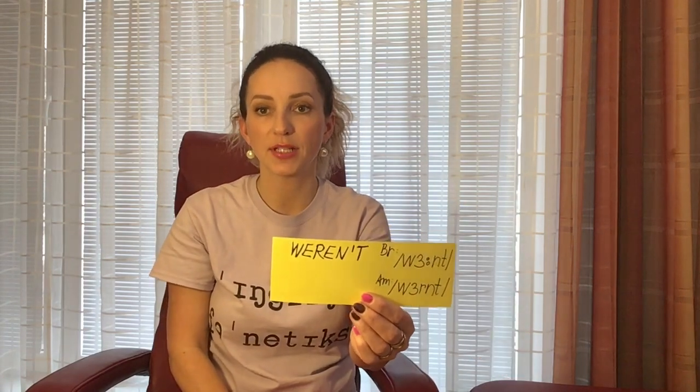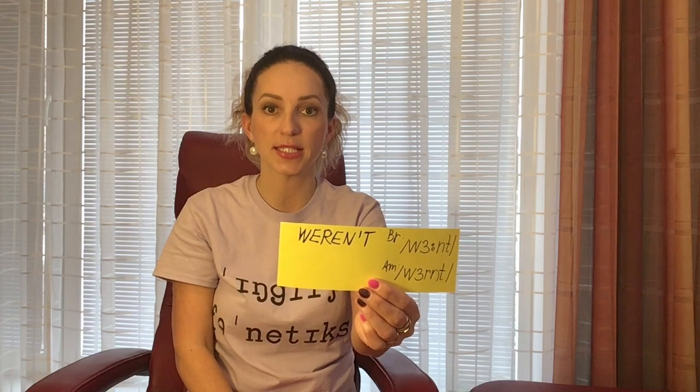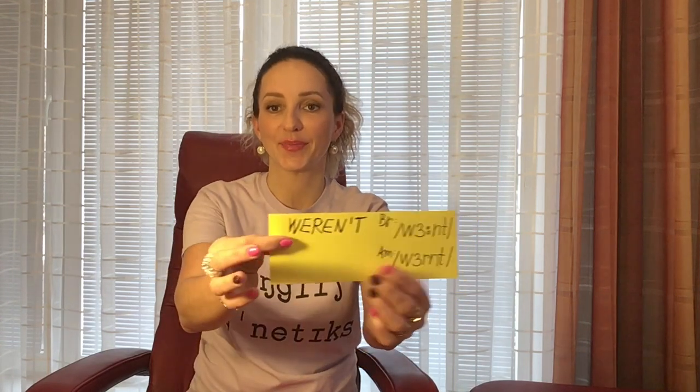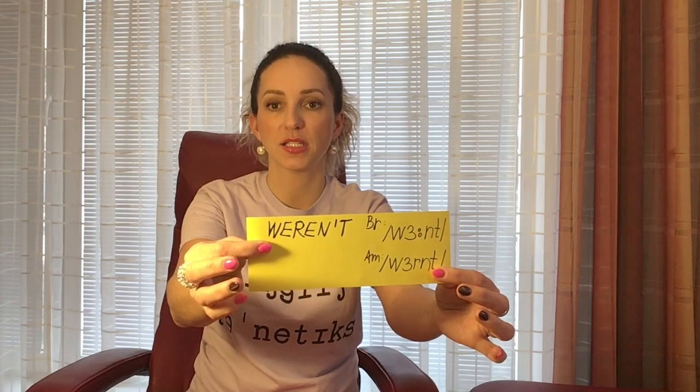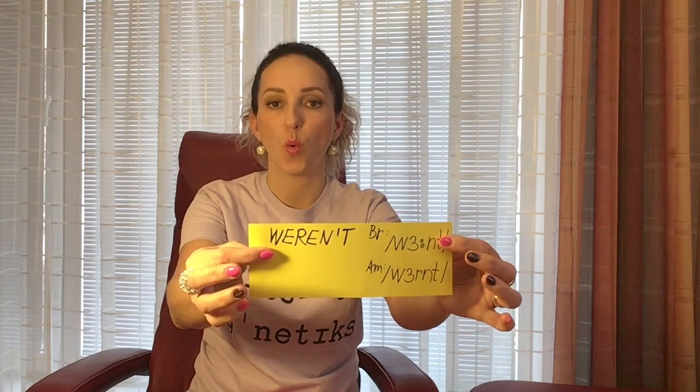Let's also have a look at the negative form, the contracted negative form, which is frequently used. So listen, the British version is weren't, the American version is weren't.